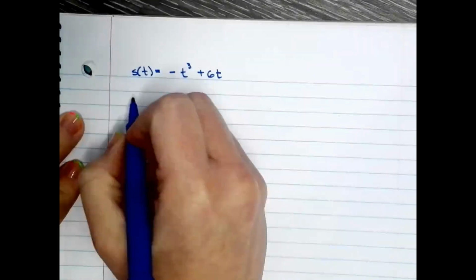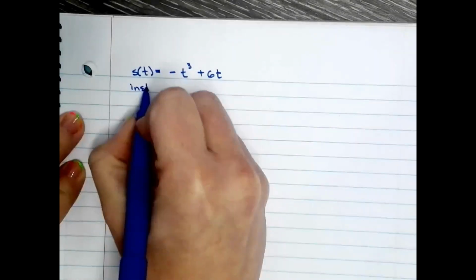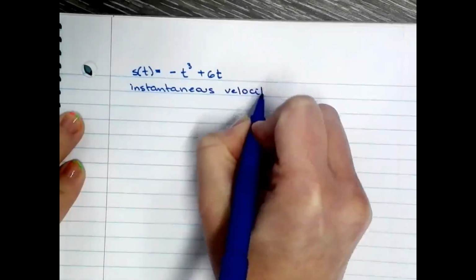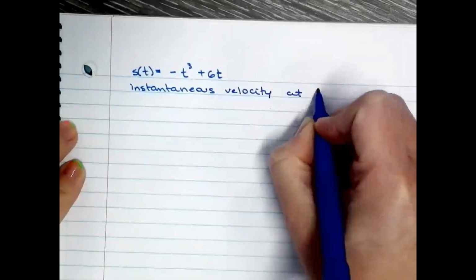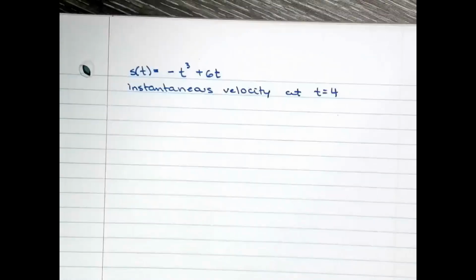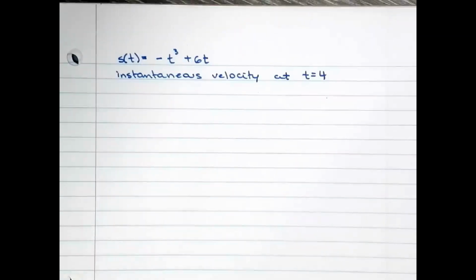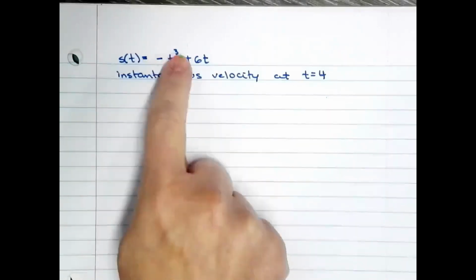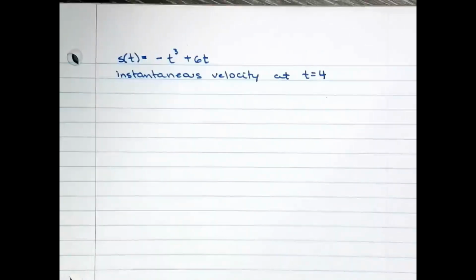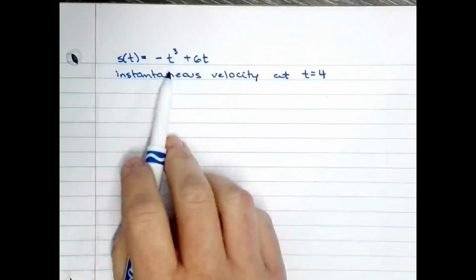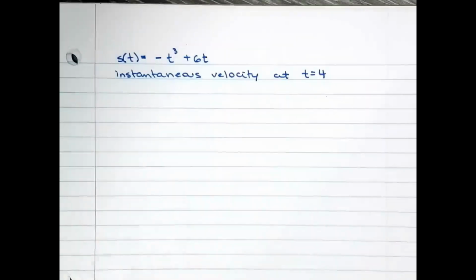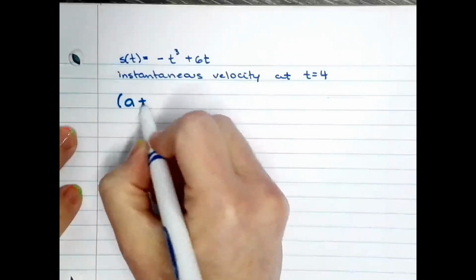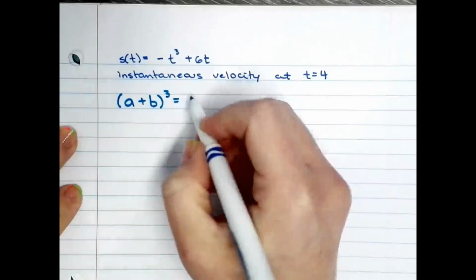So we're finding the instantaneous velocity at t equals 4. So we will definitely use the same formula that we just did on example 3. The reason why I wanted to do this one is because we have a cubed right there on the exponent. Since I will have to do the binomial expansion on that one, I'll go ahead and write the formula down. It will come in handy.